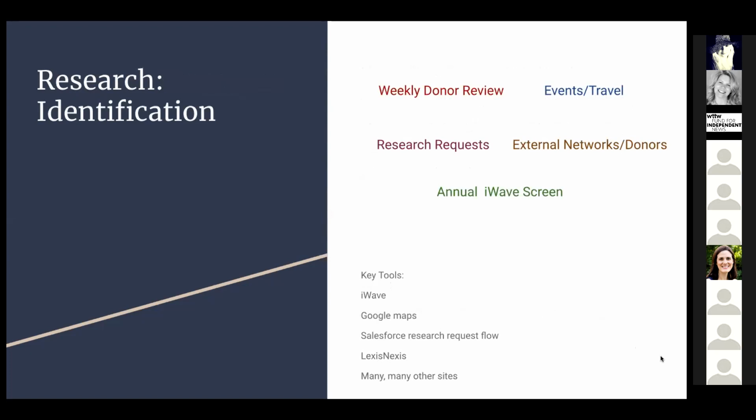So let's talk about identification and kind of what I do. I am always thinking about prospect identification. That is the reason to have a researcher full time. That is my job, is to fill the prospect pipeline with viable, interesting people for our gift officers to engage. I don't provide a list of prospects.